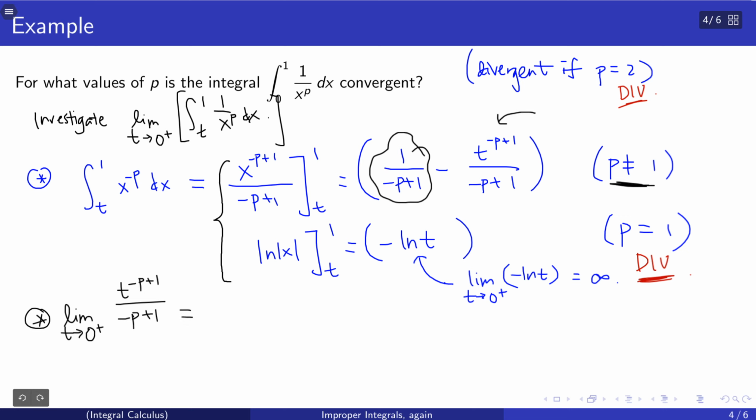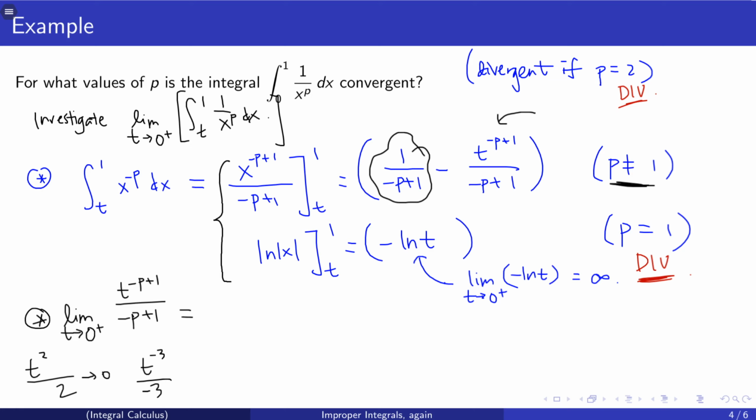When is this going to exist? And when is this not going to exist? Well, if t were in the numerator with a positive exponent, say t squared over 2, then that would exist, that would just go to 0. But if you had a negative exponent in the numerator, then that would actually go to infinity.